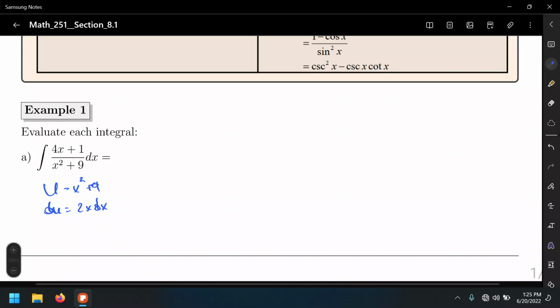Well, we have the 2x dx, except for the numerator, there's one term missing, that is the plus 1. So in this case, we cannot use the u substitution just yet. We need to do something on the integral first in order to get it evaluated.